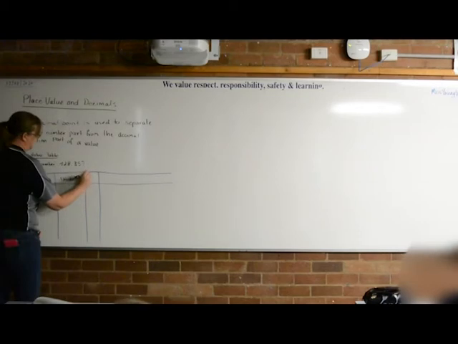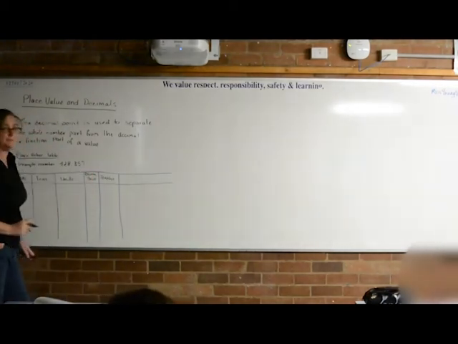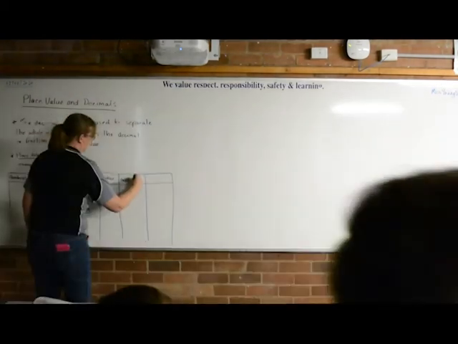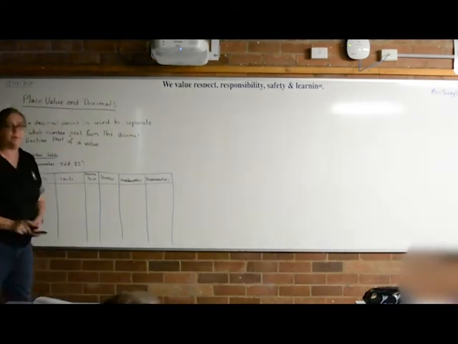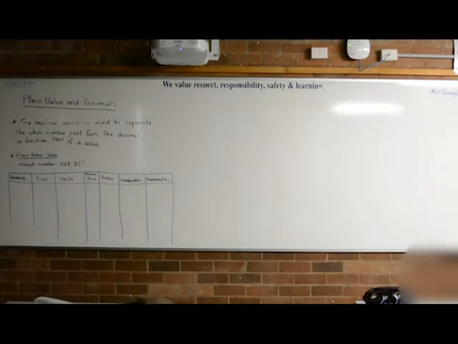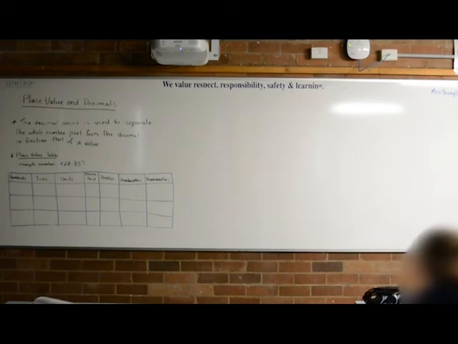This one is our decimal point. Then we have tenths, hundredths, and thousandths. So there are our columns. We've got one row here, and we're going to have 3 more rows. Rows go across. All 3 of these rows are going to be to do with this example number.